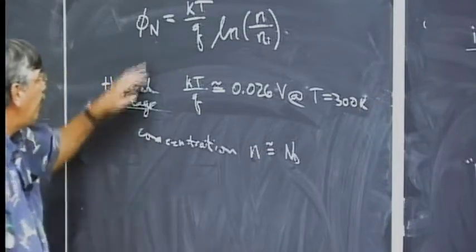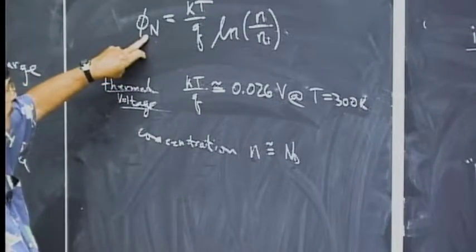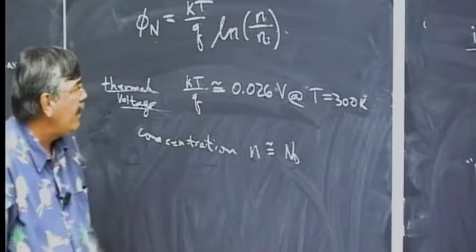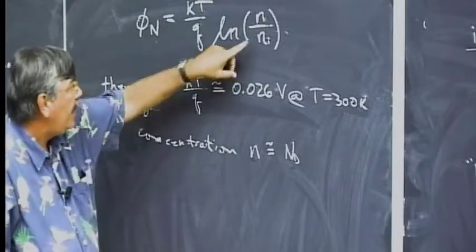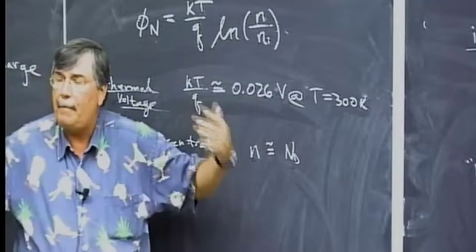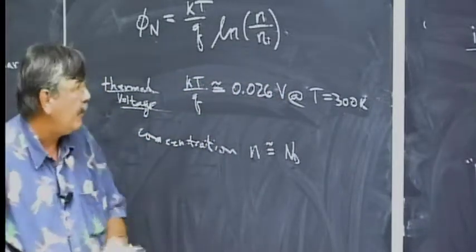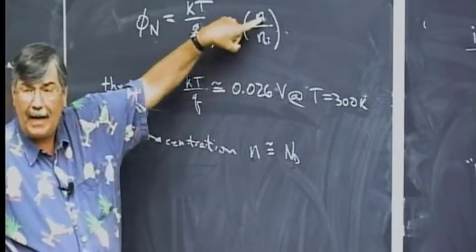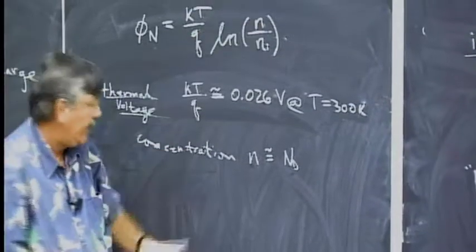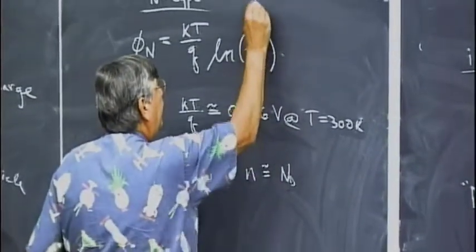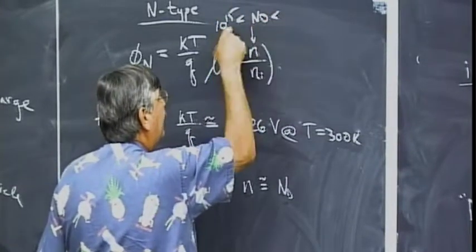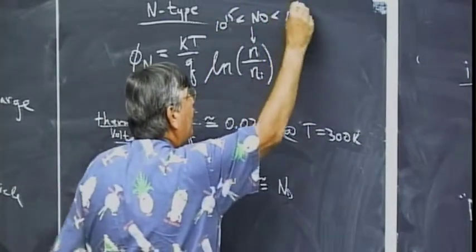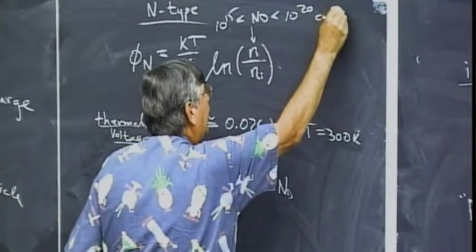So typical values of the built-in potential depend entirely on the values of the doping. If we're at 300 degrees, and n sub i is about 10 to the 10th or 10 to the 11th, and we look at reasonable values for the doping, N is usually Nd, typically between 10 to the 15th per cubic centimeter and maybe 10 to the 20th per cubic centimeter.